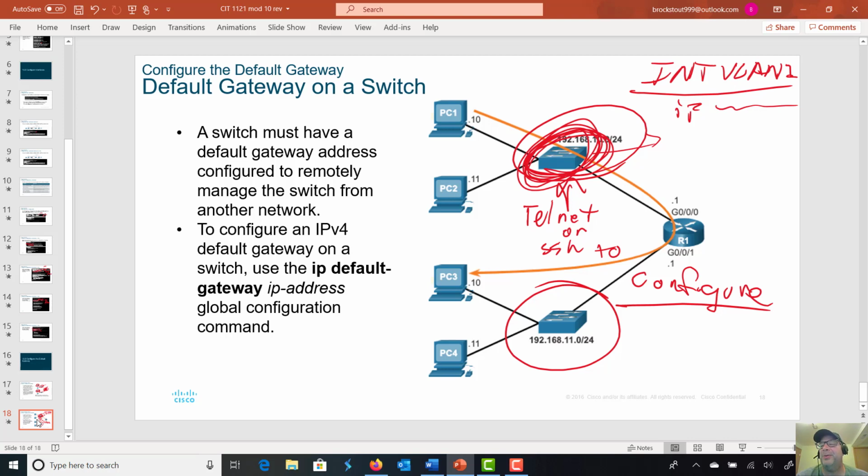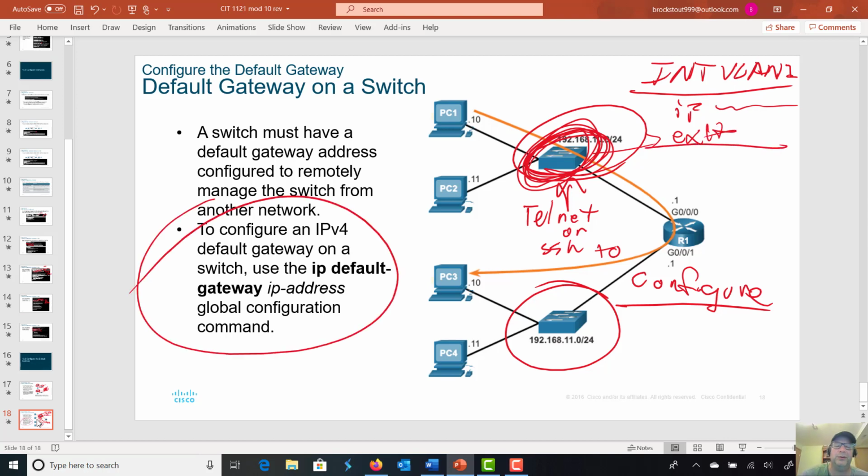Second thing is this: after you put the IP address in on interface VLAN 1, you have to do an exit, and then you have to put in a default gateway, and that's this piece here. This is bullet point 2. You'll use the IP default gateway command on the switch. Same deal. If you wanted to gain access to this switch remotely, and you wanted to manage it from over here, from one of these devices, something that's not on the same network, the default gateway here has to be correct, and it's going to be the IP address of the router interface, just like you did with the PCs.